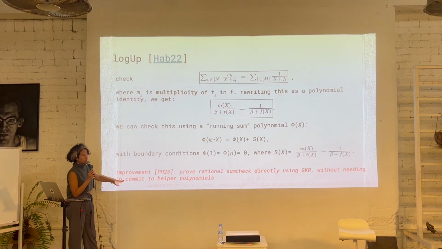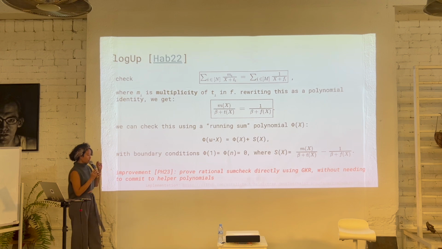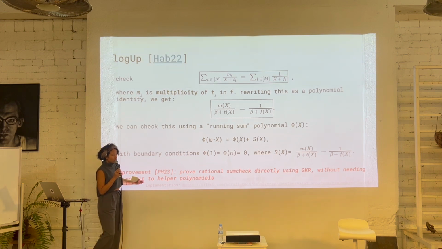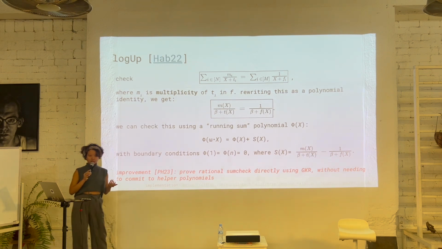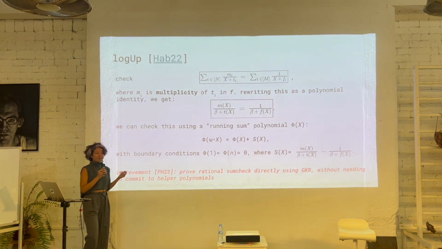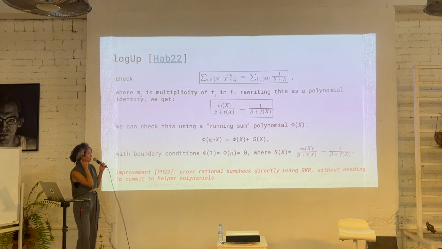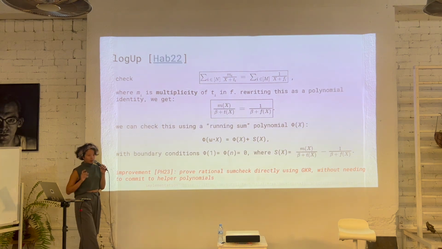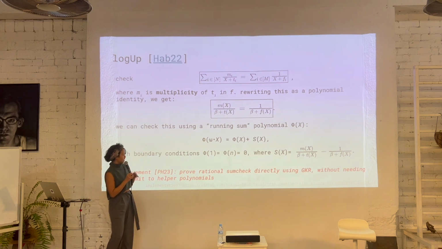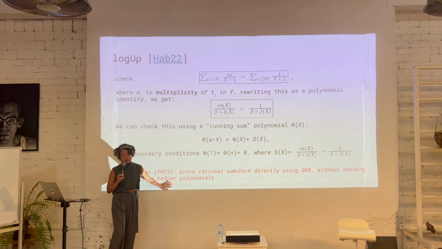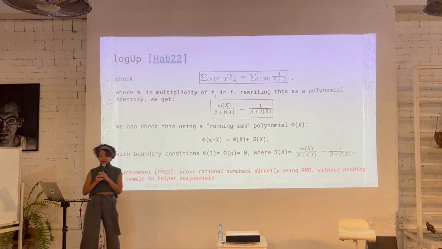And this Lookup GKR is sort of more suited to the multilinear polynomials. Whereas vanilla lookup could also be used with univariate polynomials, which is why we had no trouble integrating it with Halo 2.